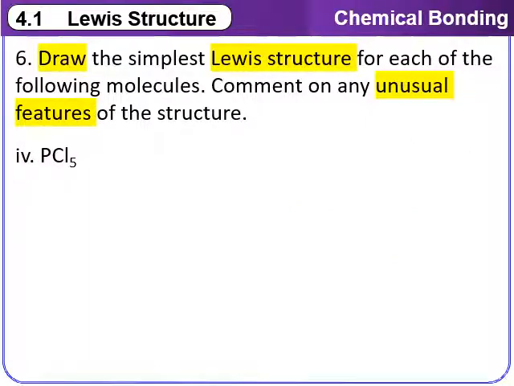Next, we continue with question number 5. Step 1, phosphorus has 5 valence electrons, chlorine has 7 valence electrons, multiply by 5. So the total will be 40 valence electrons. The central atom is phosphorus. Step 3, draw the skeletal structure.